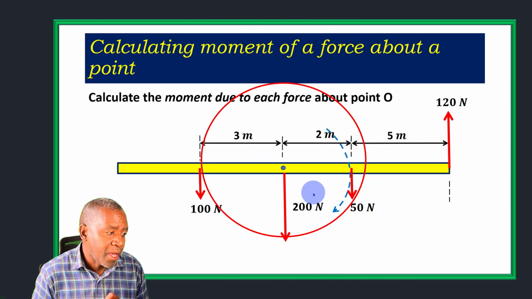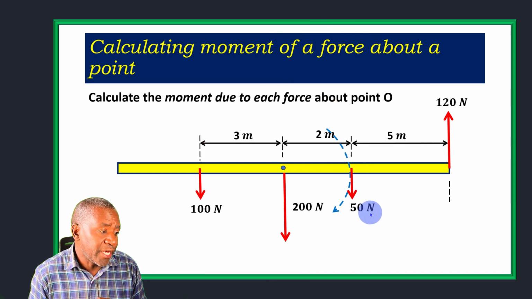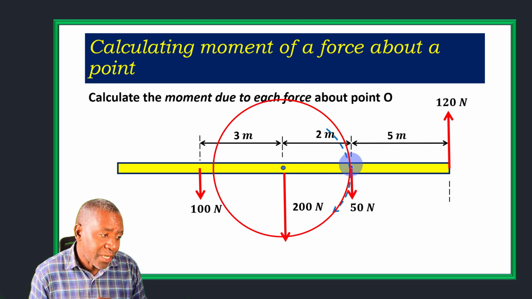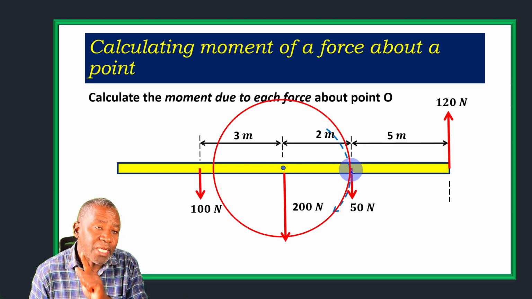Okay. How about the 50 Newton force? In which direction will it turn the system? Again, you draw a circle with this being the center, and the circle will go like that, in such a way that the force is tangential to the circumference of the circle at this point.